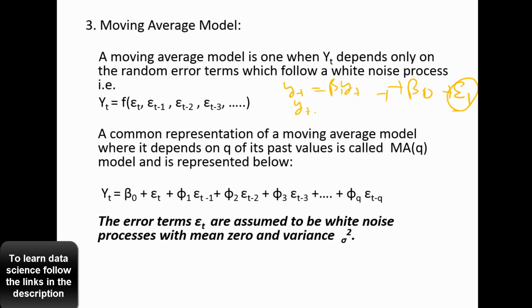Similarly, if you do Yt minus 1 with Yt minus 2 plus beta naught dash, you will get error term 2. So in every regression, if you regress the series with its immediate past series, then you will get an error term, right? Epsilon 1, epsilon 2 up to epsilon n.